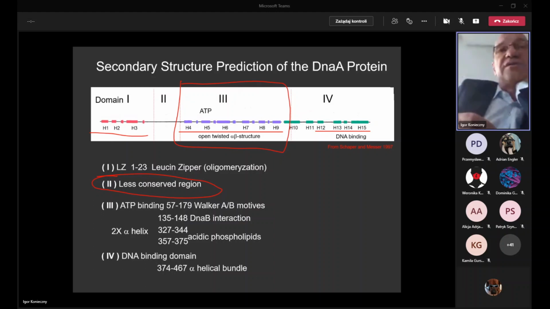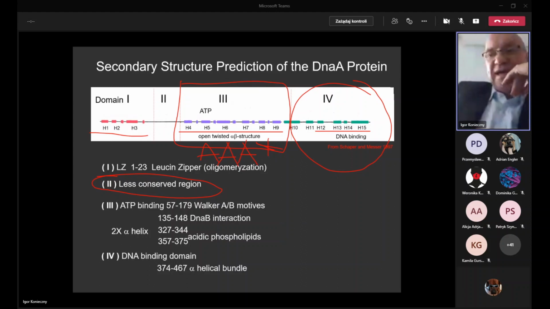If we have ATP binding, you can assume this is the region of the protein which we call AAA+, because this is the activity associated with ATPase. And the 4th domain, the DNA binding domain, forms the helical bundle at the C-terminal end of the DnaA protein.